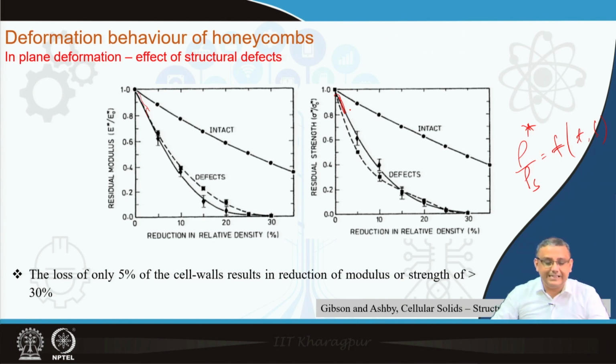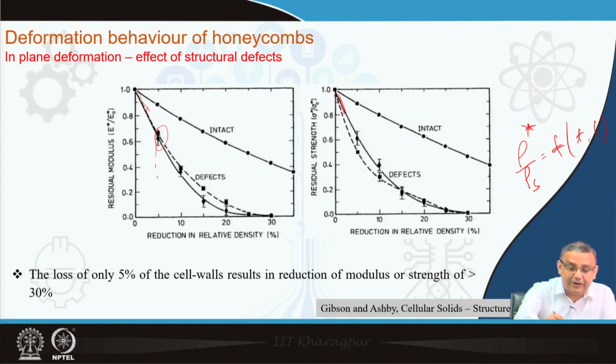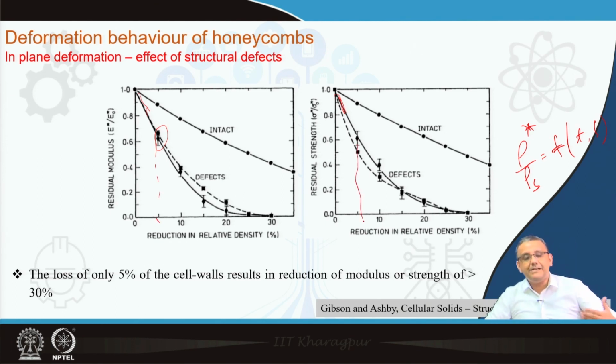Already at this point, which corresponds to about 5% density reduction, that is the 5% line, it is assumed that 5% of the cell walls are missing.